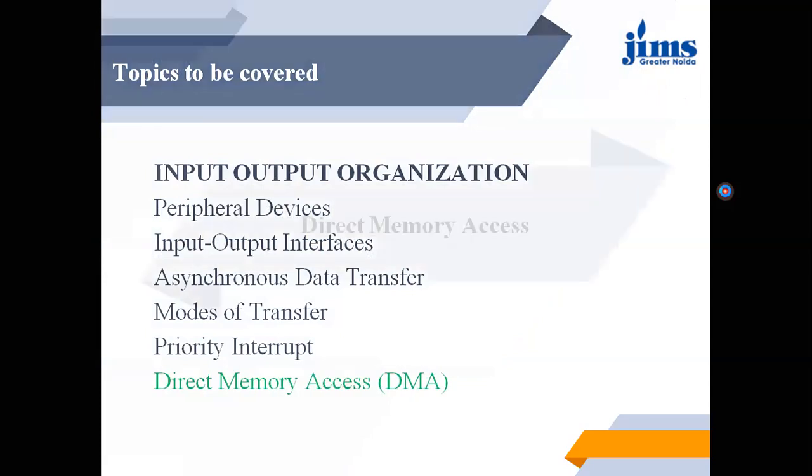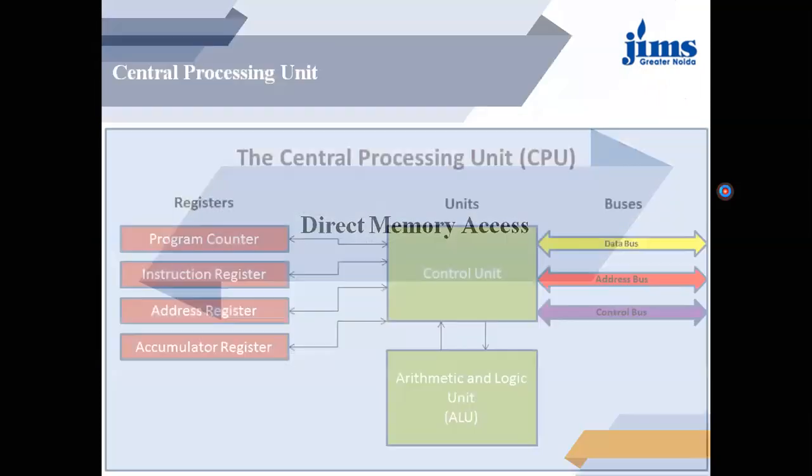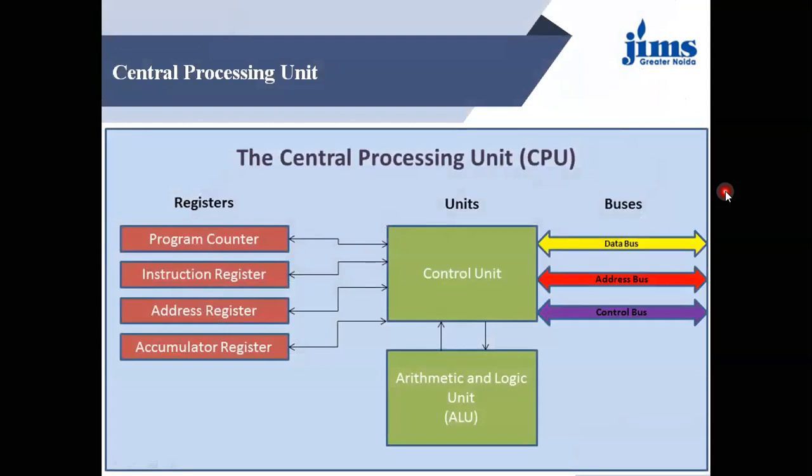As we saw, in the CPU, that is the central processing unit, there are different important parts, and it is called the heart of a computer because each and everything is going to be controlled from here.